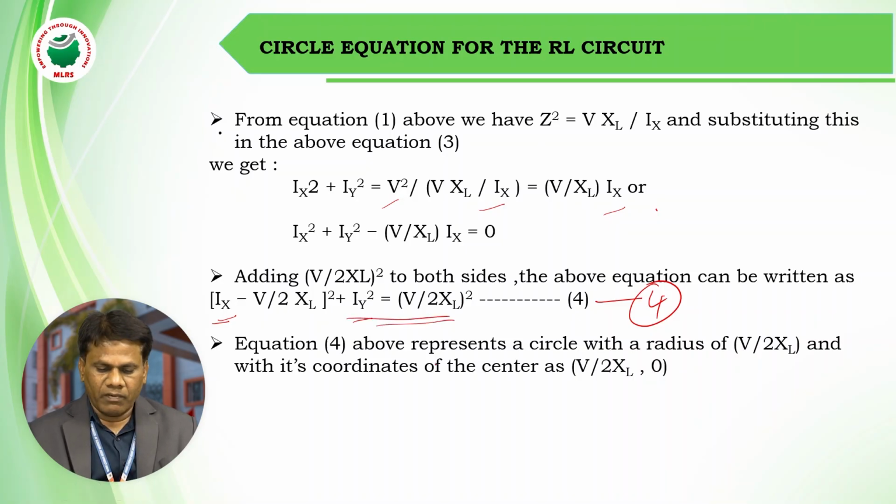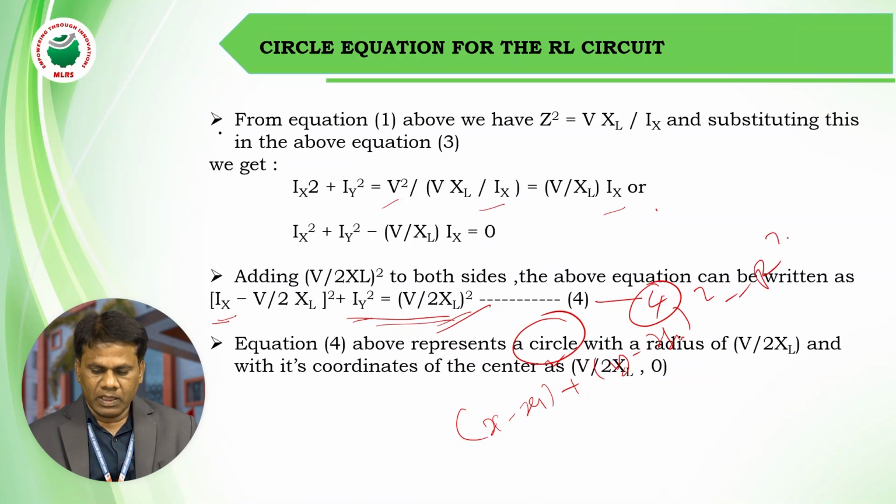The above equation represents a circle. We can compare it with the standard equation of a circle: x minus x1 whole square plus y minus y1 whole square is equal to r square.